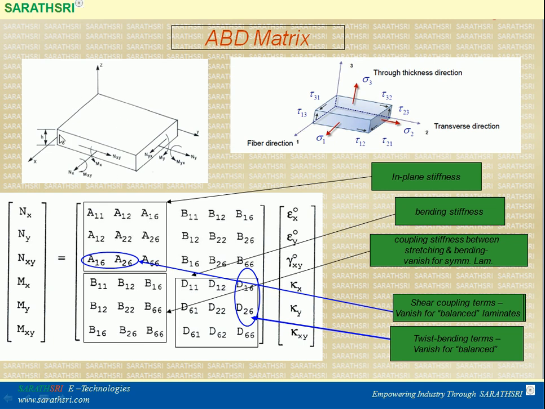If you take a total laminate with different principal material directions, it is subjected to a force field Nx, Ny, Nxy, and the same can be transformed into a stress field sigma 1, sigma 2, sigma 3 in the fiber direction, the transverse direction, and the through-thickness direction.